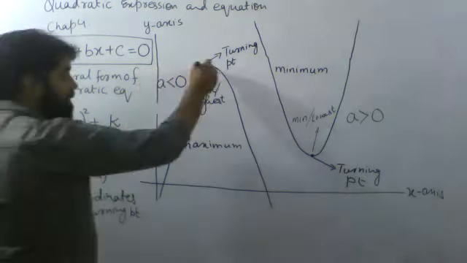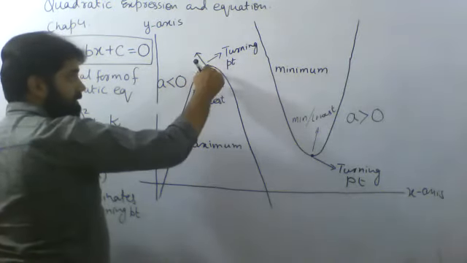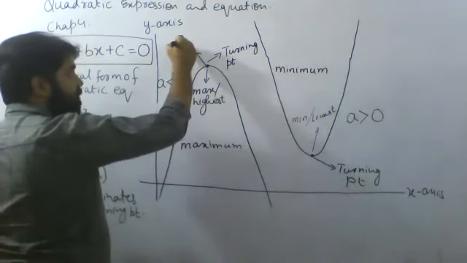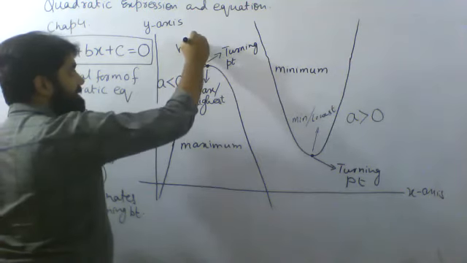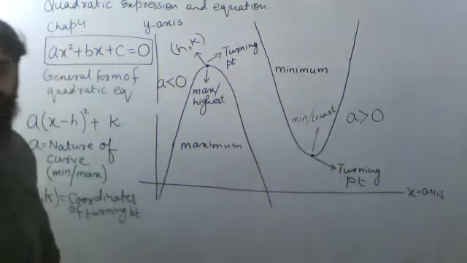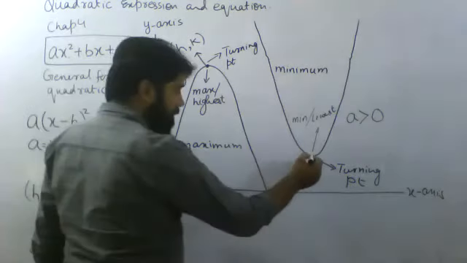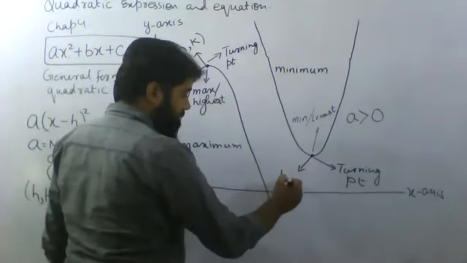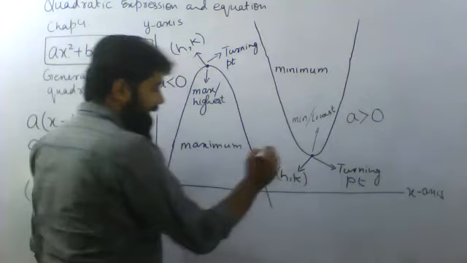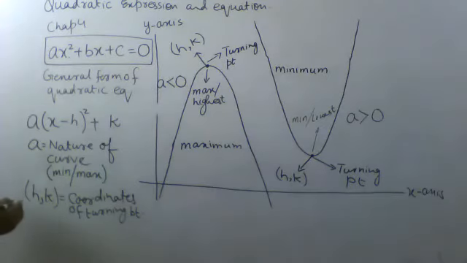It means this point, which is the turning point, I can write as (h, k), where h represents the x-axis coordinate and k represents the y-axis coordinate.